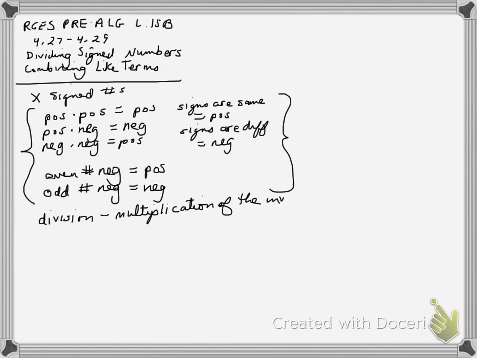So all my sign rules will be the same. Rules for signs, whether it's positive or negative, will be the same as multiplication. So that's pretty easy. Now let's give you some examples so that we can practice this idea.